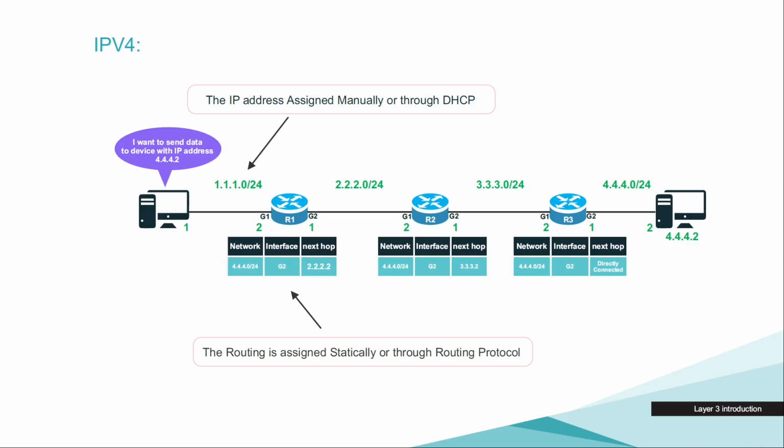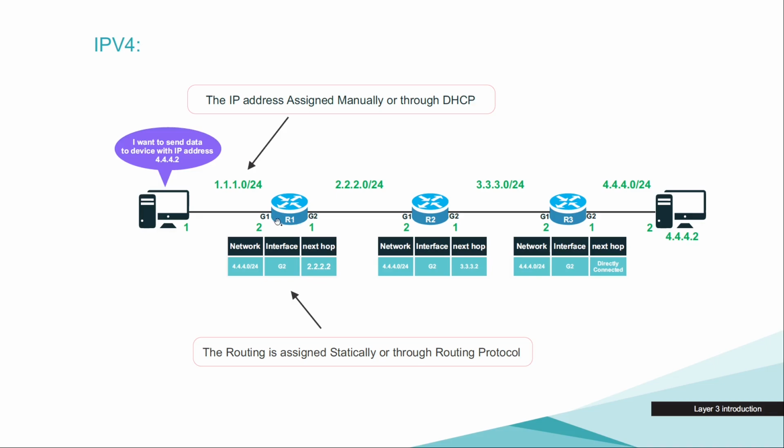After we did that, PC1 wants to send data to PC2. Our PC doesn't do routing. It just knows about the gateway. The gateway for PC1 will be interface G1 on R1. So any communication our PC wants to do, it will send to interface G1. Our router supports routing and knows multiple destinations. So the router will look at the routing table.